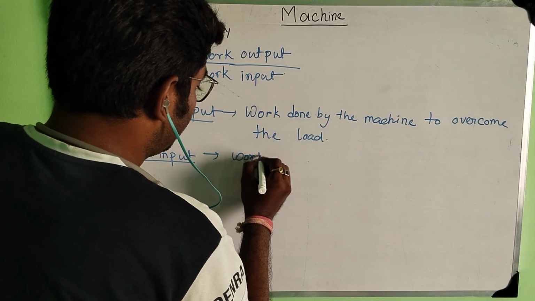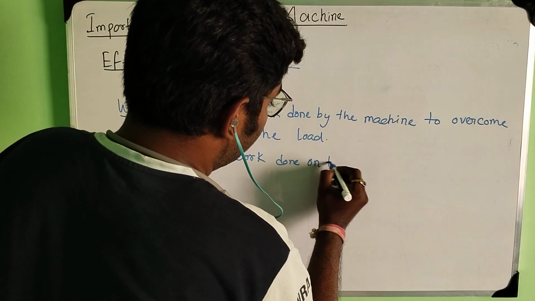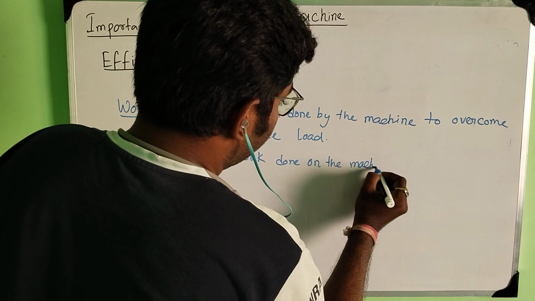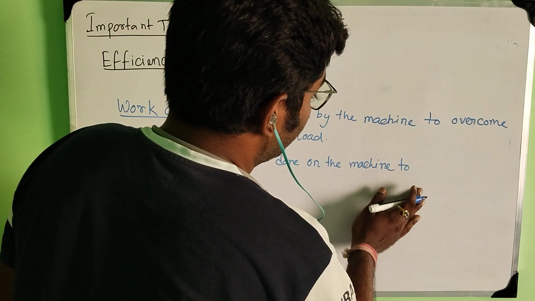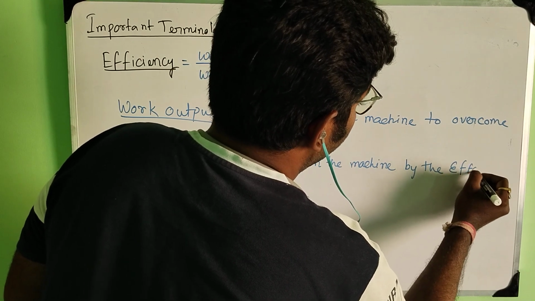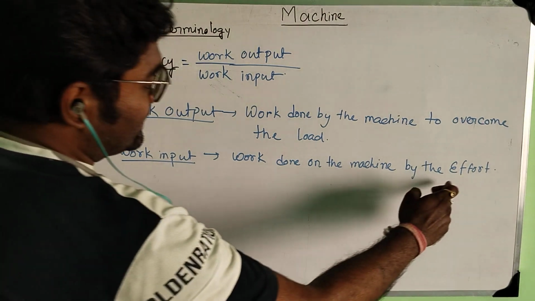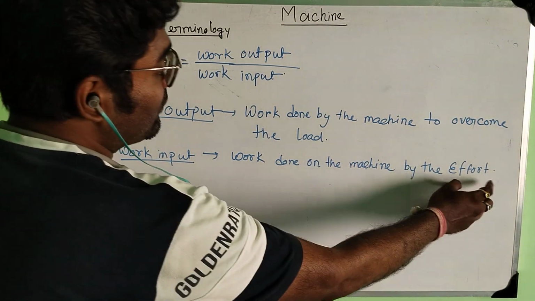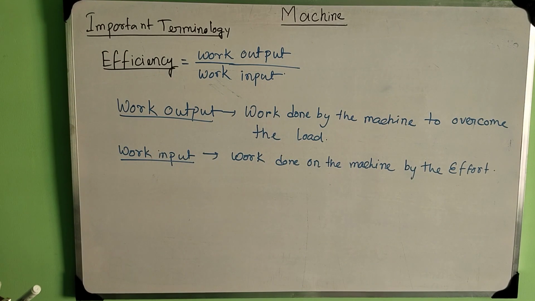It is the work done on the machine by the effort. Work input means the effort is doing the work, that means we are doing the work, and work output means the machine is doing the work to overcome the load. Okay?